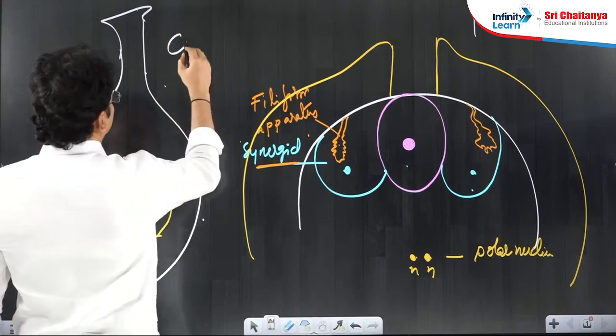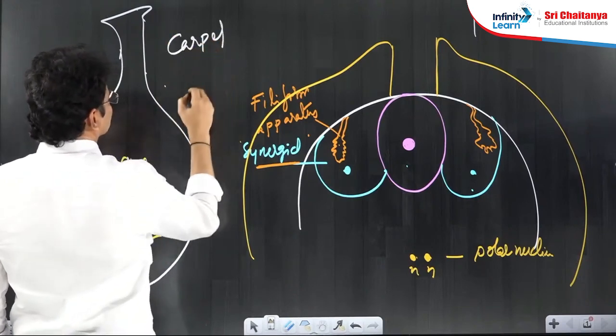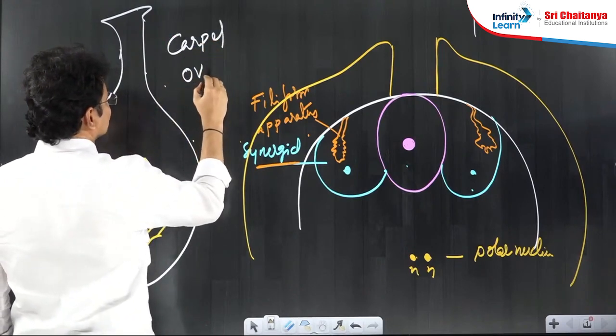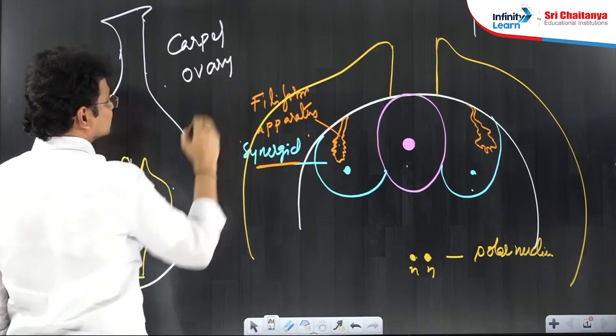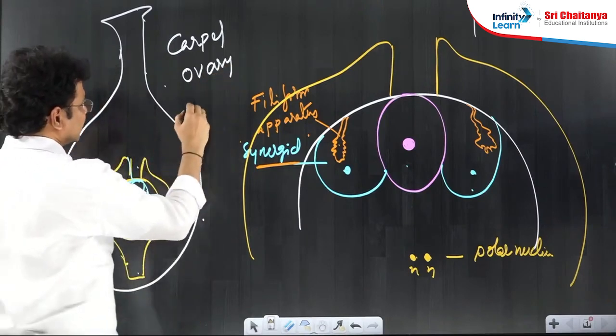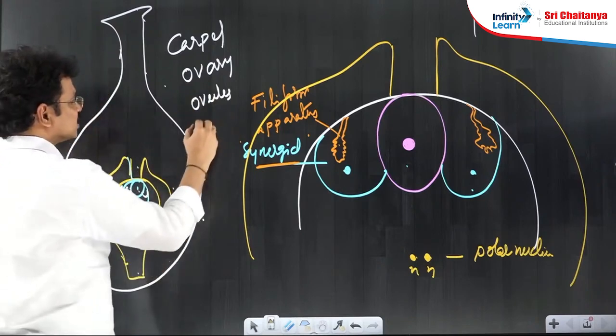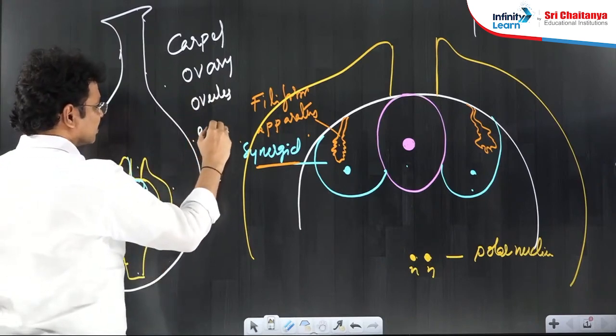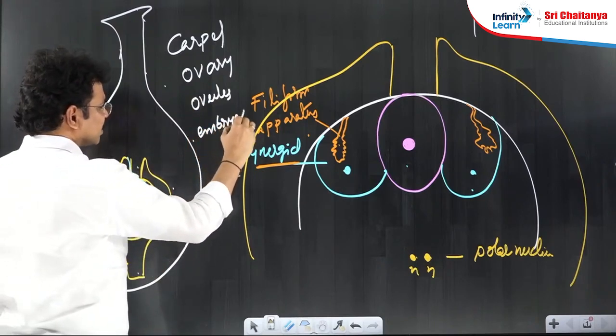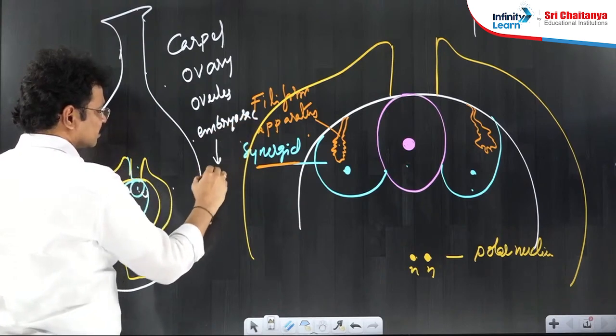First one is the carpel. The basal swollen part of the carpel is called the ovary. Inside the ovary, one to many ovules are present. Each ovule possesses a female gametophyte. Another name for the female gametophyte is embryo sac.